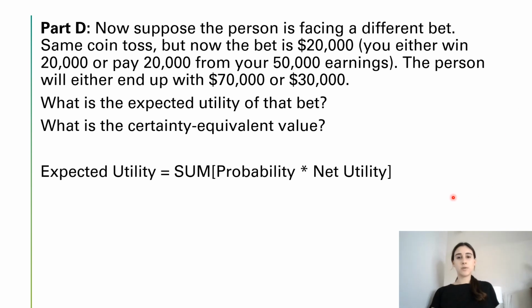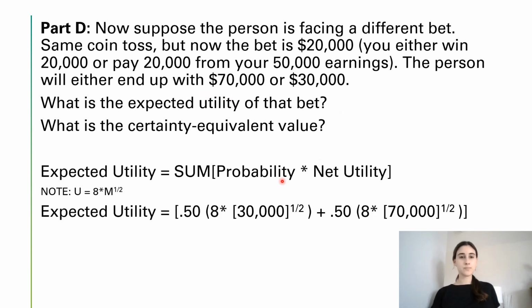So again, here is the formula for expected utility. We will sum the probabilities times net utility. Note, here's our utility function, which we will use to convert our net earnings into utility. Given, we have this equation. 0.5, there's a 50% chance that we lose, and we end up with $30,000. We'll take this $30,000, plug it into our utility function, and convert it to utils.